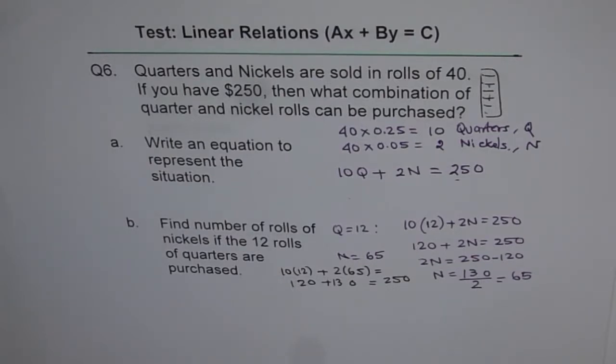This is a kind of tricky problem since we have to work out and calculate what amount is contained in one roll of quarters and in one roll of nickels to start with. I would like you to do this question on your own, defining variables.